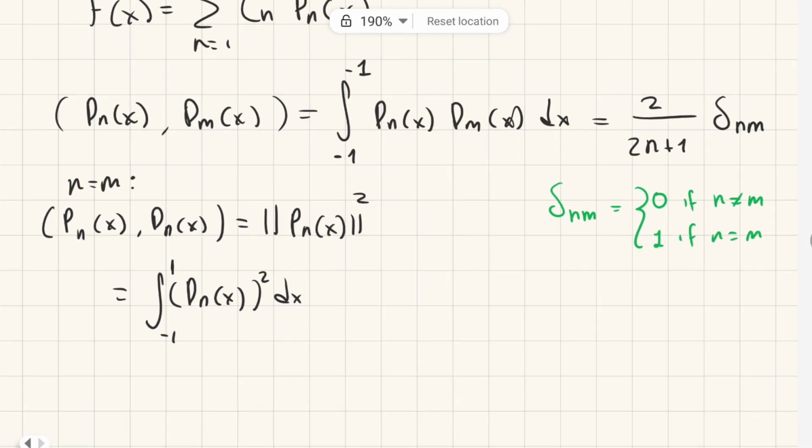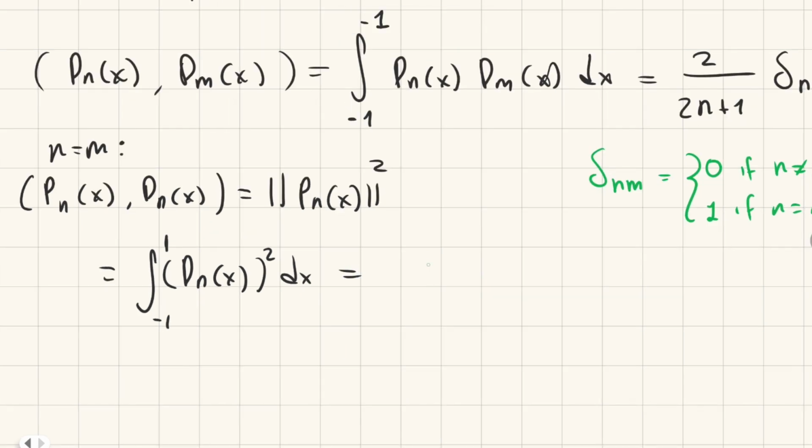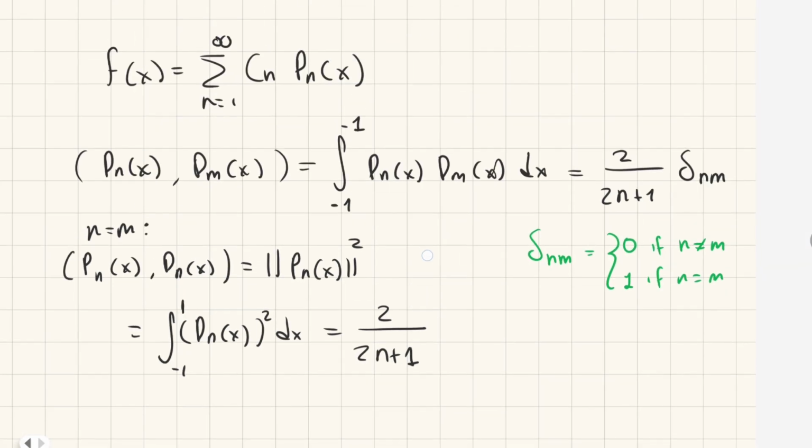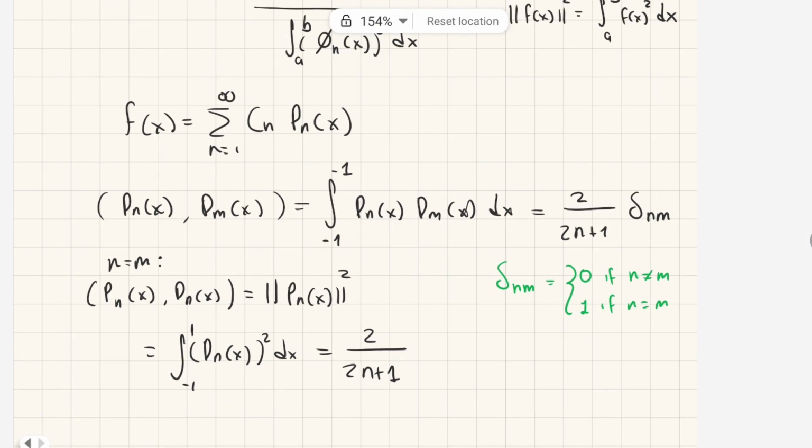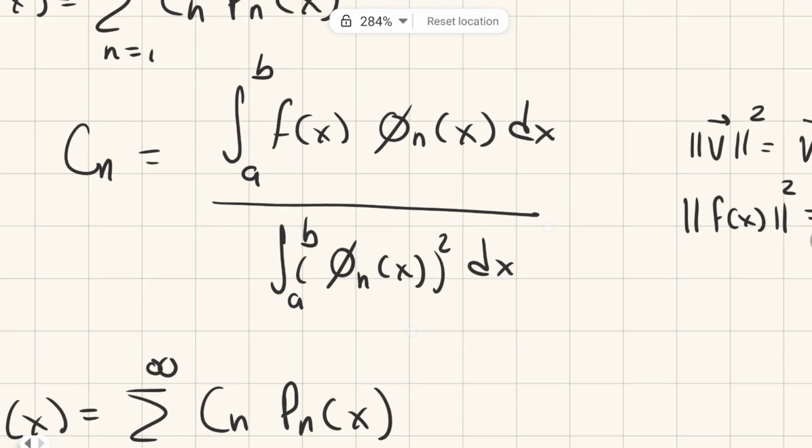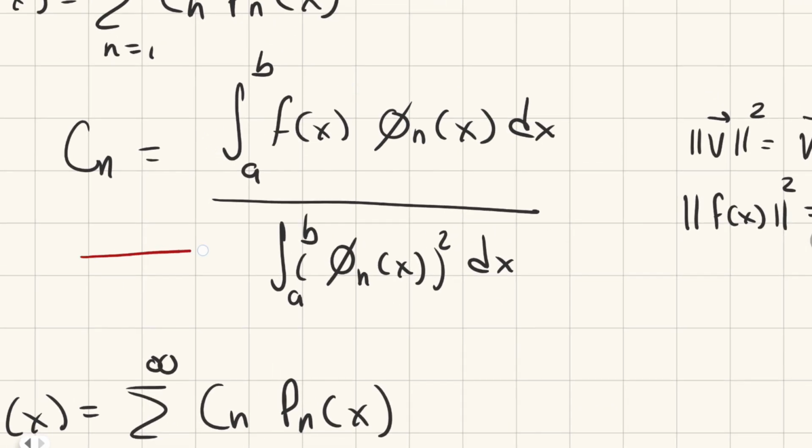And if we use this formula, of course, this is just going to be 2 divided by 2n plus 1. So recall that this is the magnitude of the n-order Legendre polynomial squared, and that is what we need to use in this formula, just to be able to find these coefficients.